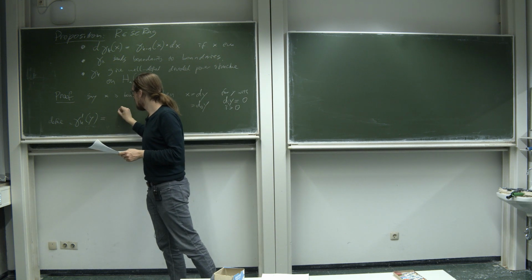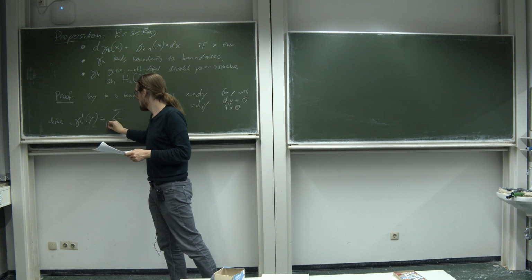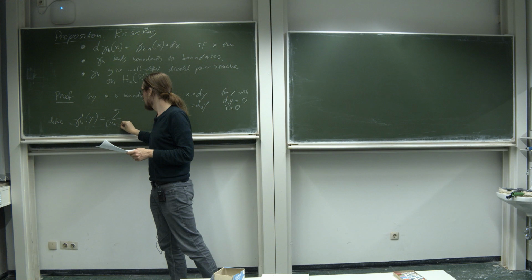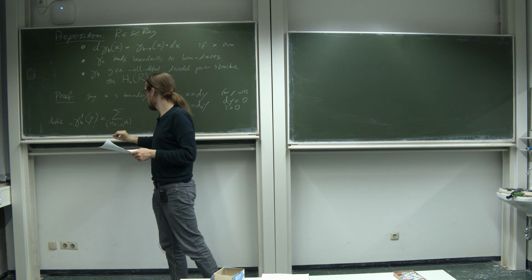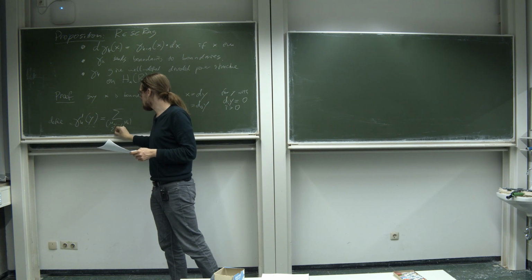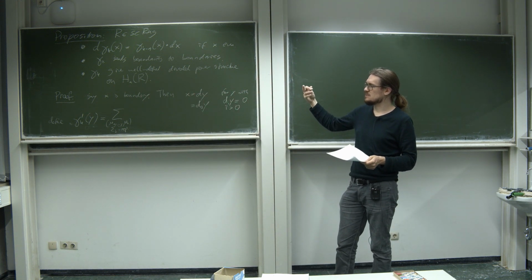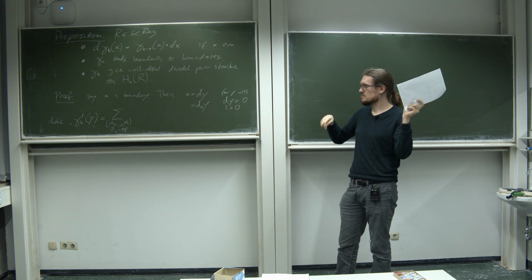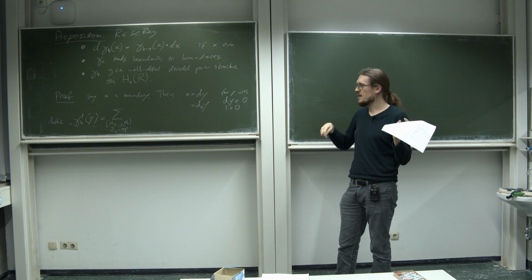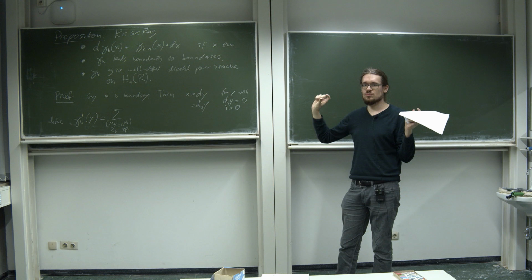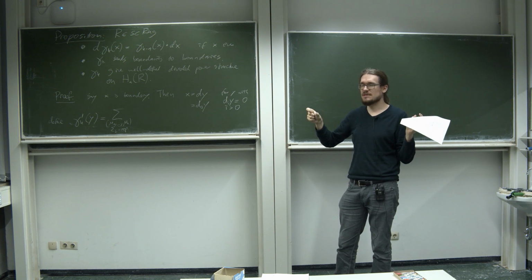Namely, it's again a sum of representatives from this set of shuffles of length k up to this permutation with sigma k, right?